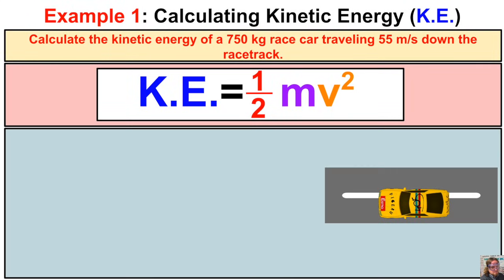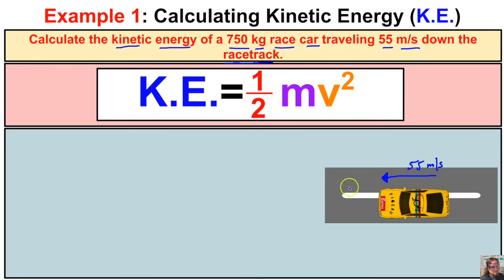In this first example, it says to calculate the kinetic energy of a 750 kilogram race car traveling 55 meters per second down the racetrack. So if we take a look, we have a race car, and this race car is going to be traveling down this track here at a velocity of 55 meters per second.